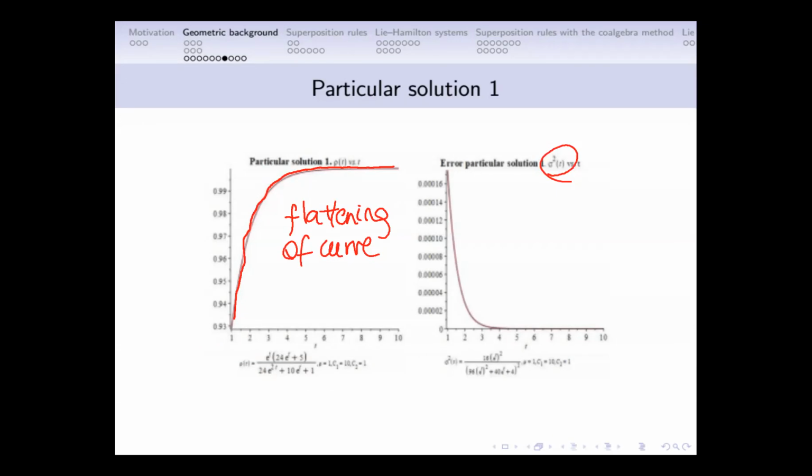And it makes sense because in this part, since we have very accelerated growth, we can have big errors, while when we are just reaching the plateau or the flattening curve, of course, we have less error. In this case, you have to choose wisely the constants of integration. It's very small, you cannot see it, but C1 equals 10, C2 equals 1 in this case. So that would be one particular solution.